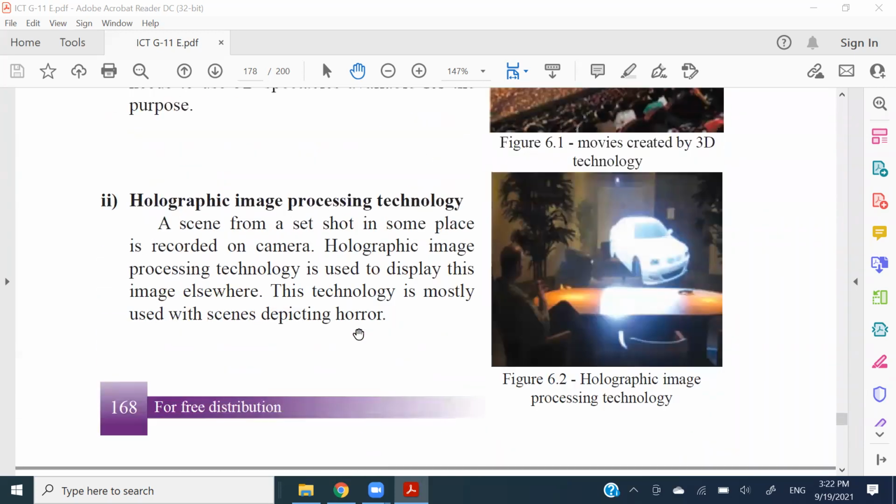A hologram is like a 3D projection. You may have seen these things in some movies or documentaries or videos on YouTube. It's again a projection technology which allows the audience to experience things as real world objects, not on a screen, but on a surface.